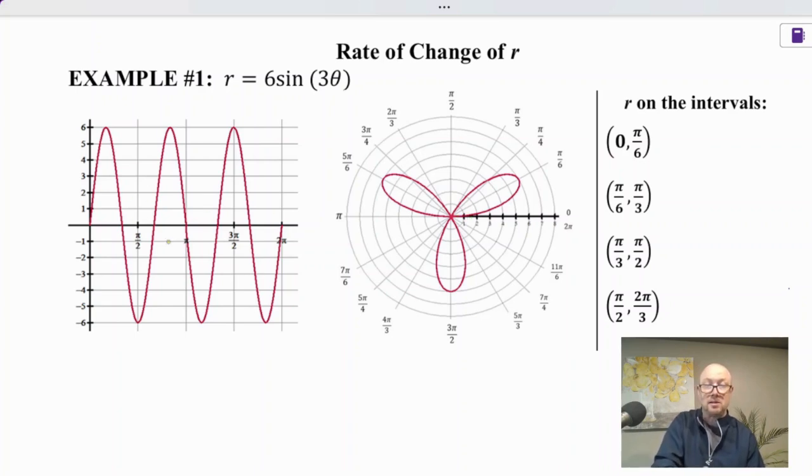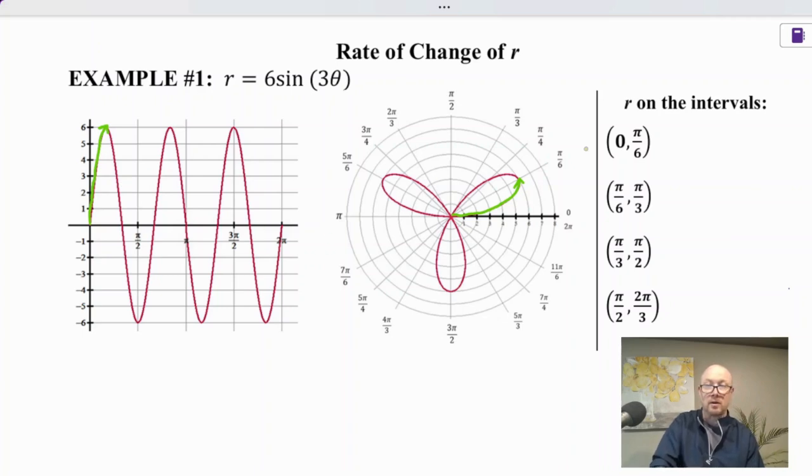Now, it makes it easier to visualize when you can unwrap this polar graph into an xy graph like we did here. Okay, so from 0 to pi over 6, if I look on the polar graph, I can see I'm going from 0 to 6, and on the xy graph, this is what's happening. We're going from 0 to a peak at 6.